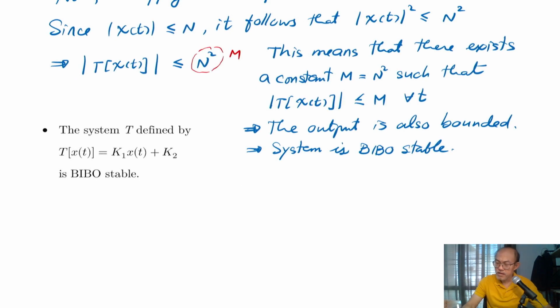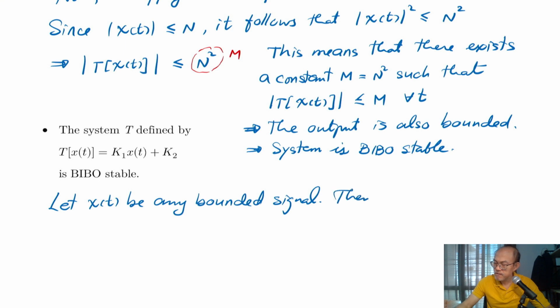Now another example is the system T defined by this equation. Now we're going to show that this system is BIBO stable as well. So let's start with, let x(t) be any bounded signal.